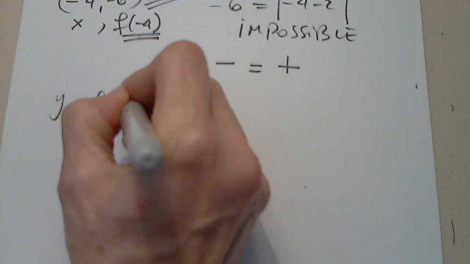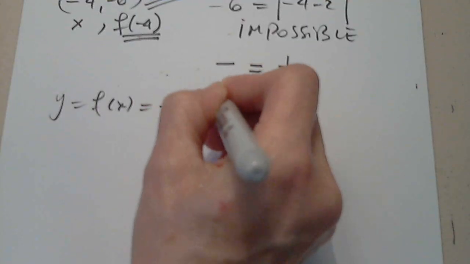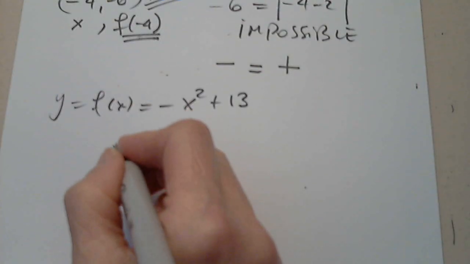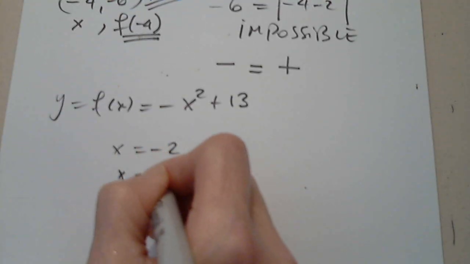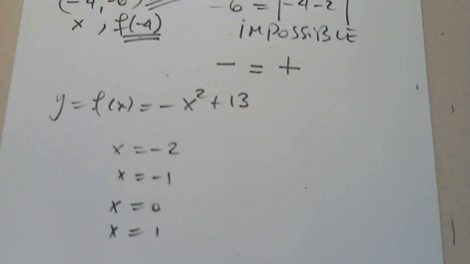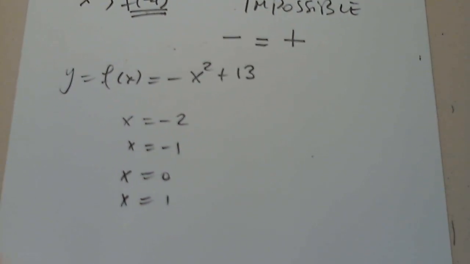So y or f of x equals -x squared plus 13. And they are giving us x equals -2, x equals -1, x equals 0, and x equals 1. I don't disagree with this exercise, but it's not really useful at this point in time, but let's work on it.